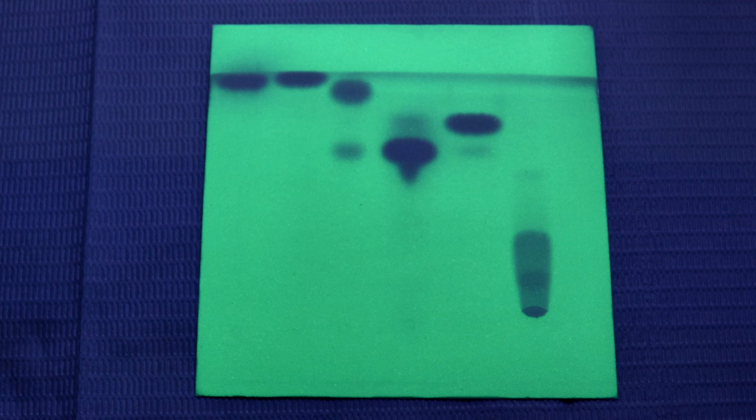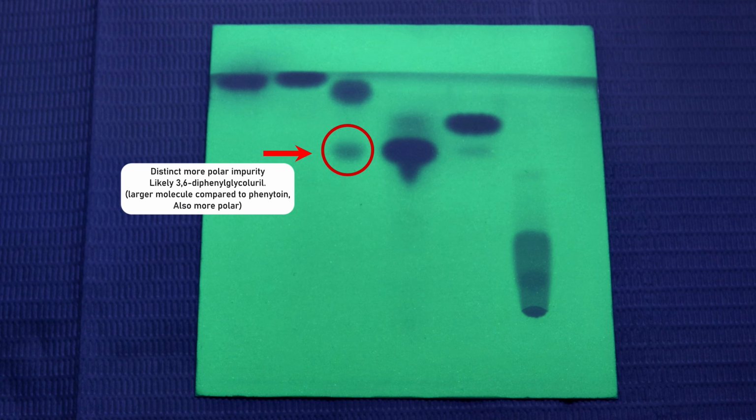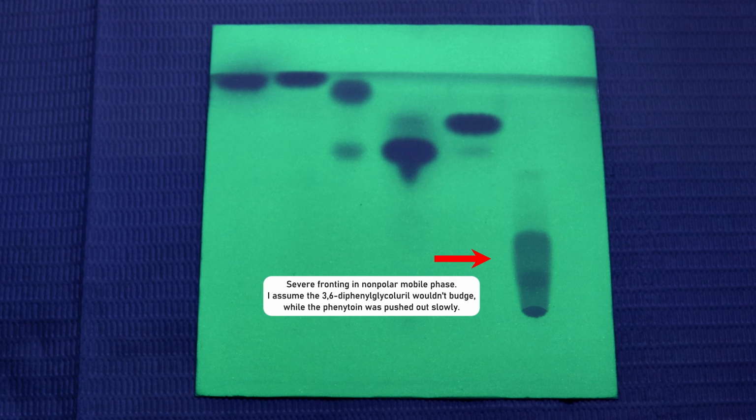Of the 3 spots, however, the phenytoin was the most confusing to me. You can see that in the first trial, there was a clear separation of another spot out of the phenytoin. I assume this is the 3,6-diphenyl glycoluril, which is slightly more polar than phenytoin, as well as a lot bigger. In the second trial, the phenytoin stretched out into a long smear due to very severe fronting.